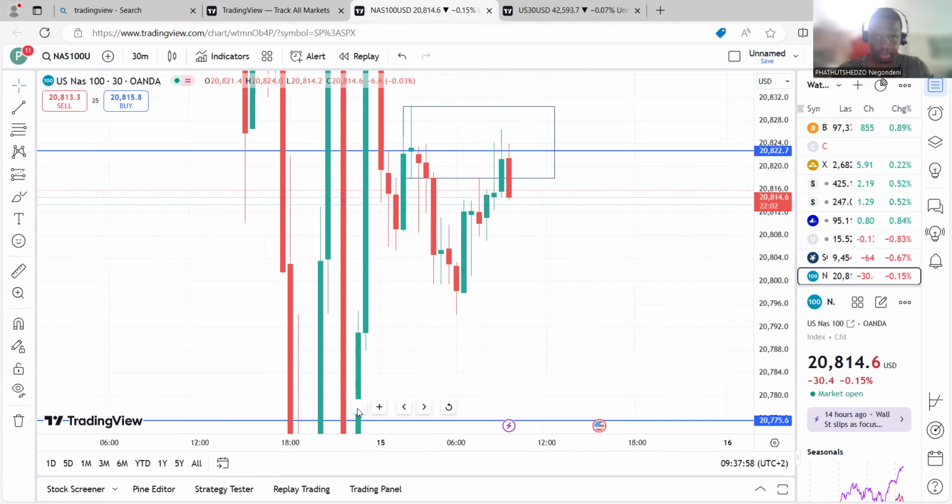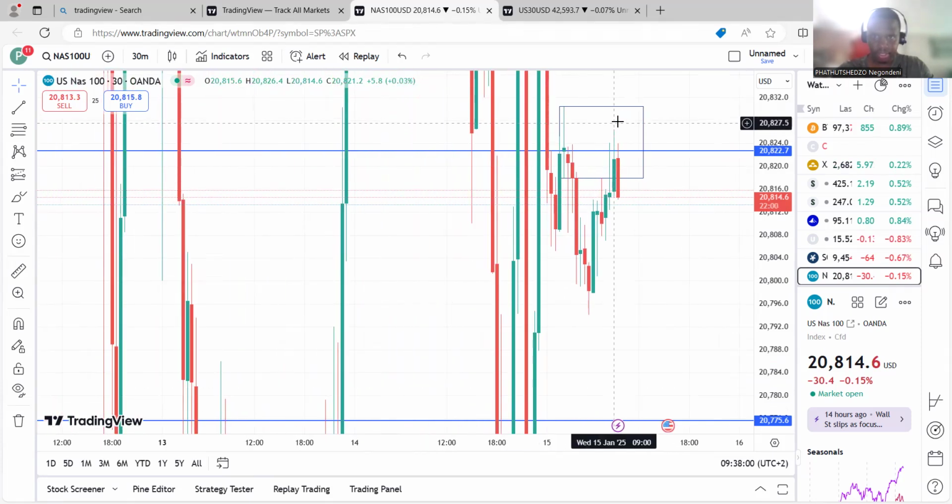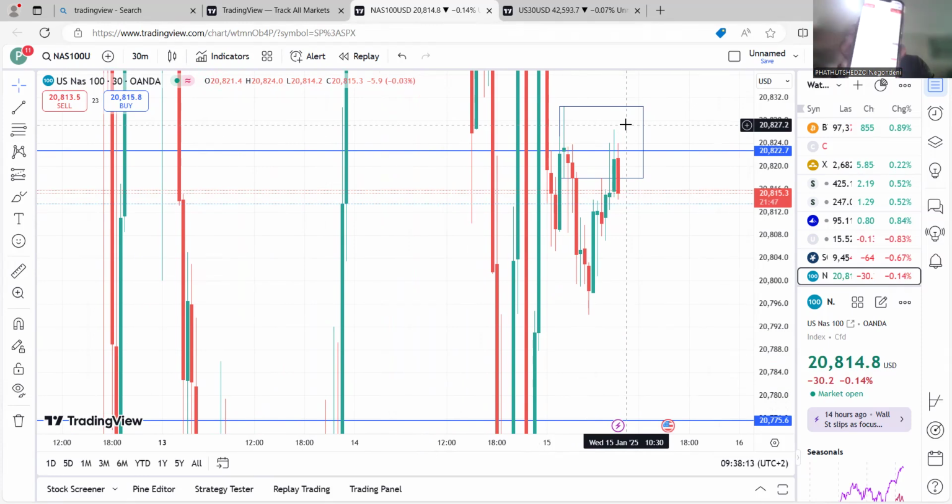And then my stop loss is just gonna be above this candlestick, the previous high candlestick. As you can see, I don't know if you guys can see there, it's blurry. All right, it's fine. But yeah, man, I just sold Nasdaq and I sold it with 0.5.